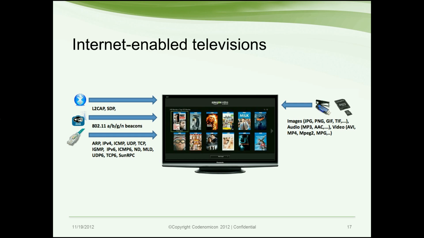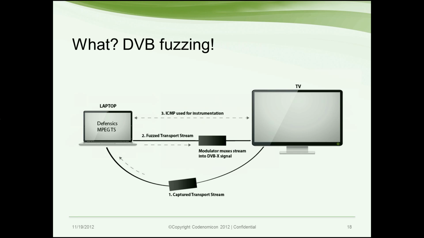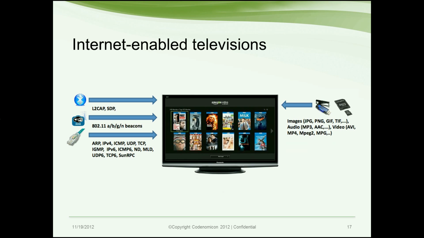Then they also have, same as a printer, USB slots and SD card readers, and they have decoders for images, for audio, for video, for many file formats as well. You can read PDFs, for example, on them, and so on.